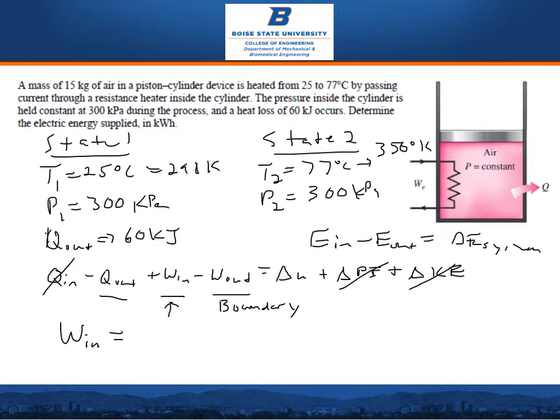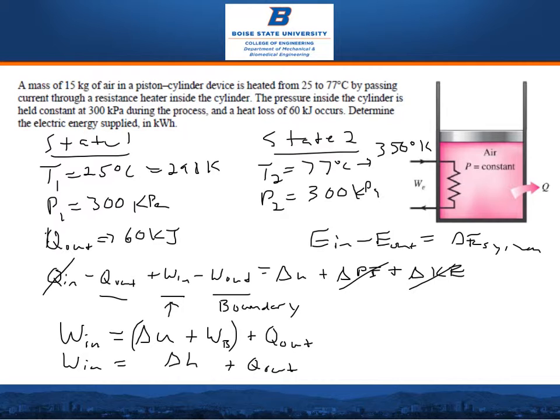So the work in is equal to the change in internal energy plus the boundary work plus Q out, which they gave us for the system. We also know that delta U plus WB boundary work is equal to delta H. So our work in is equal to delta H plus Q out.